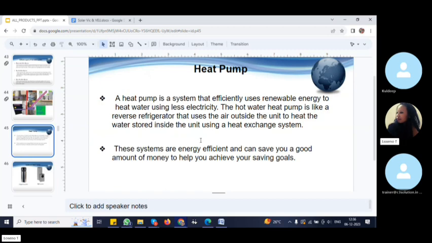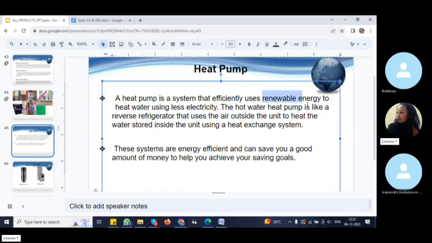Since this new hot water system, this new heat pump, uses renewable energy, it uses the surrounding air to heat the water. That's the reason why this system uses less electricity. It is more energy efficient because it uses more renewable energy to heat the water in the storage tank.